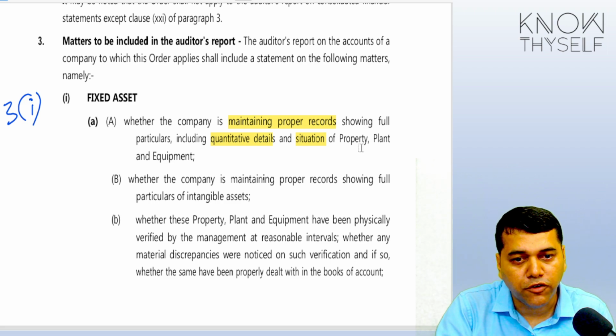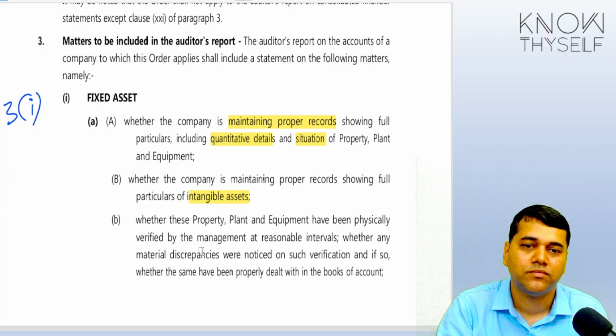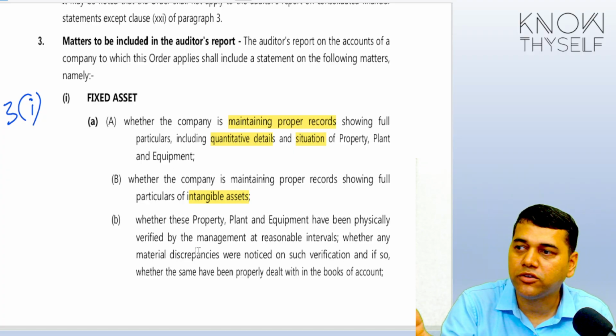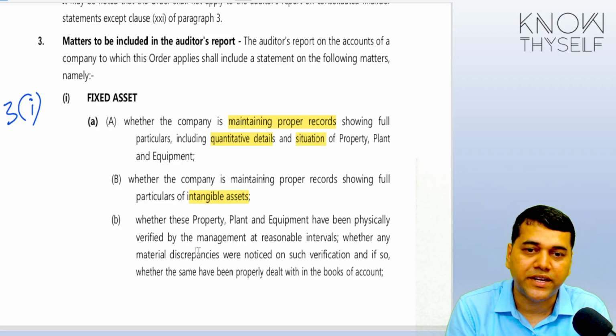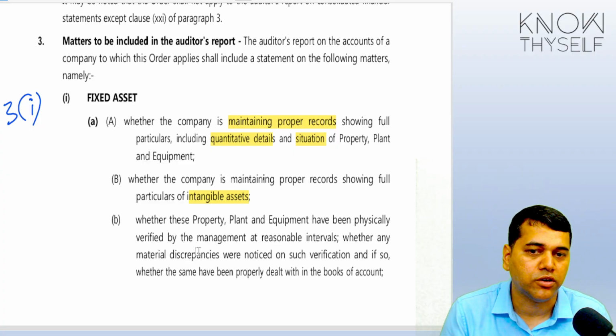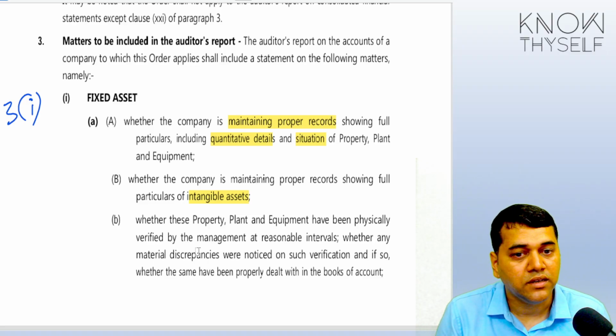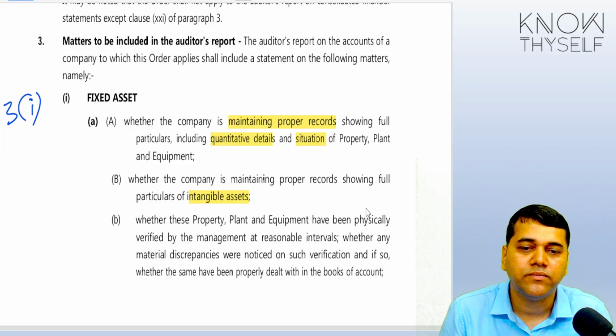And this is not only for PPE; you need to have such records for intangible assets also. Because intangible assets may be in the form of one certificate, it could be in the form of one CD. Okay, you need to maintain a record. Then, when you have these records, physical verification has to happen.